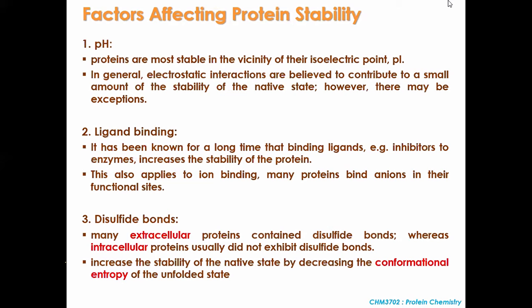Ligand binding also affects the protein stability. Yeah, if you have inhibitors, yeah, it will affect the protein structure. If you have iron, it will affect the protein stability as well. There are many proteins that we know it can only function if there is a metal ion. For example, hemoglobin. Yeah, hemoglobin is protein yang ada dalam darah kita. Yang kerja dia is to transport the oxygen.